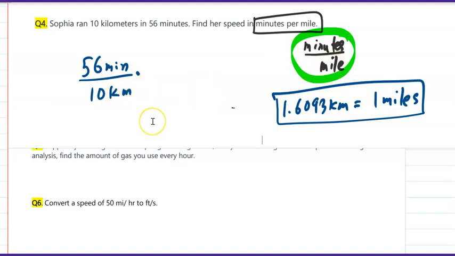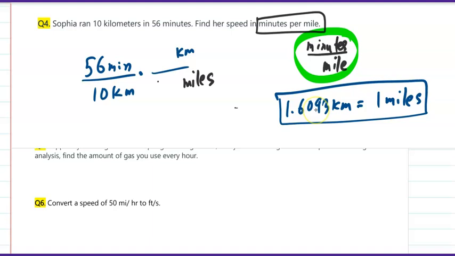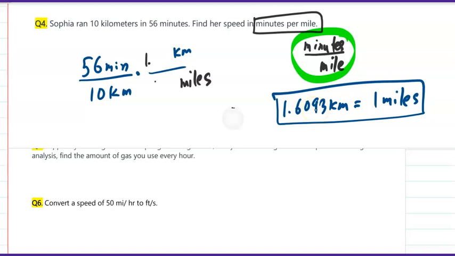Kilometers has to be cancelled. So what I'm going to do here, I put the kilometer in the top and the miles in the bottom. So how many kilometers? 1.6093 divided by 1 mile. Okay, that is called the conversion factor.